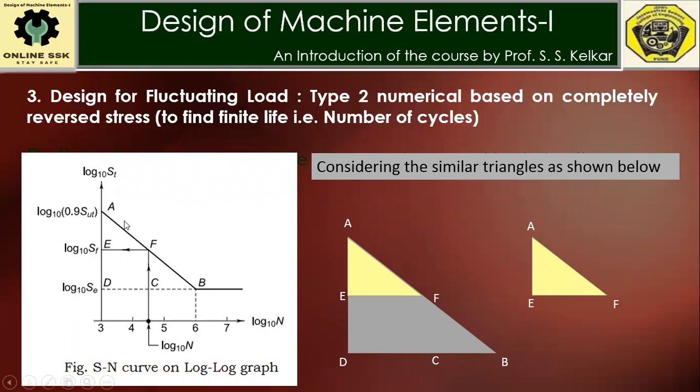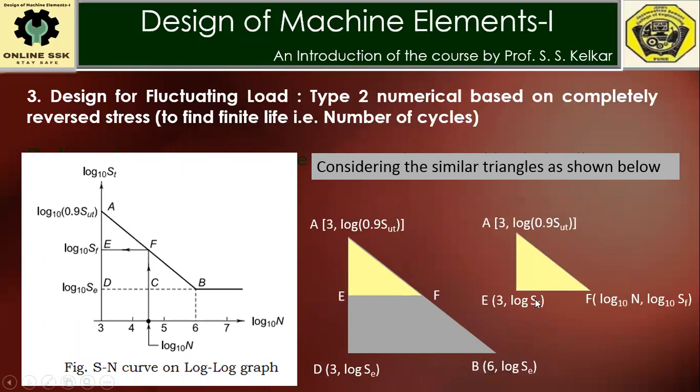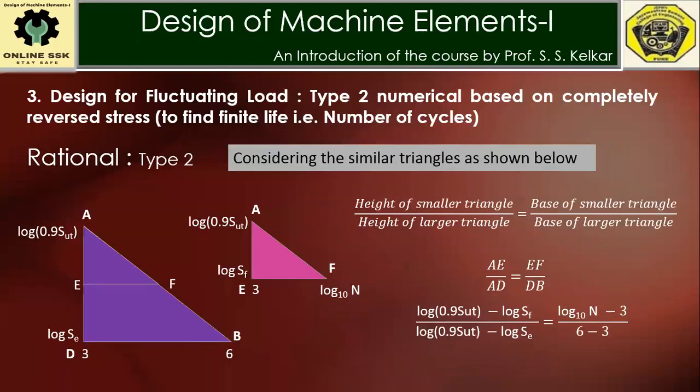The larger triangle is ADB and the smaller triangle AEF is the crest of the larger triangle ADB. These two triangles are similar triangles, and according to the principle of similar triangles, the ratio of similar sides will be the same. In this slide I have mentioned the different coordinates of these smaller and larger similar triangles. Now what is the principle of similar triangles?